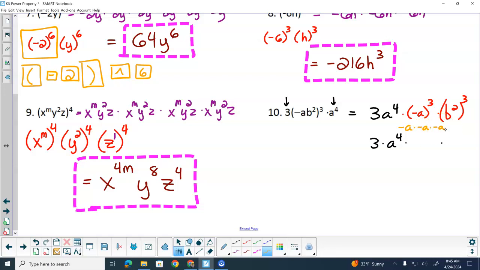How many a's do we have? We have 3 of them, right? So that's going to be a to what? To the third power, yes. Okay? Now negative times a negative is positive, times a negative is negative. So this would be negative a cubed.